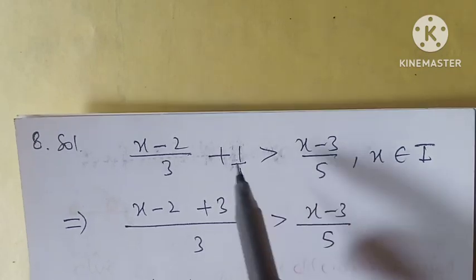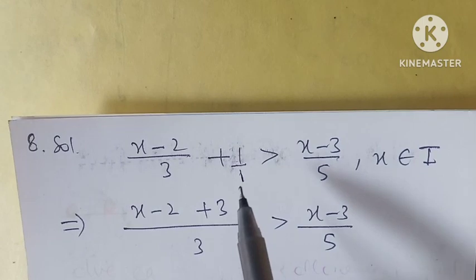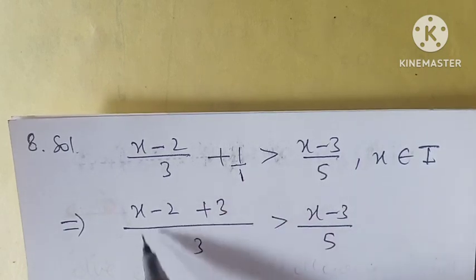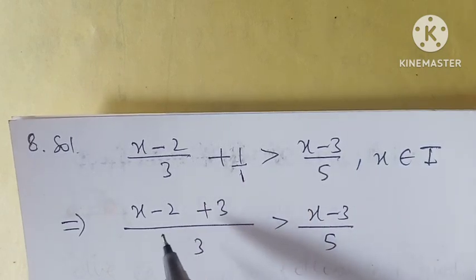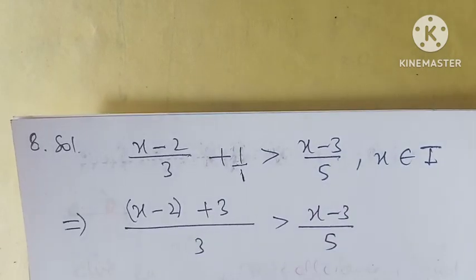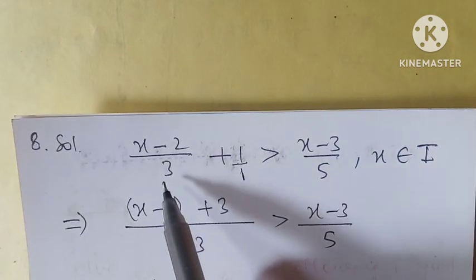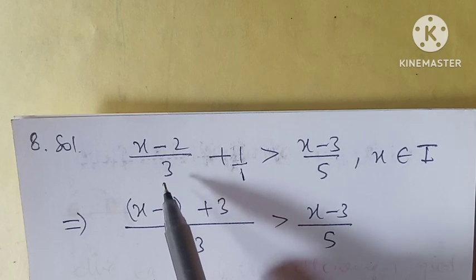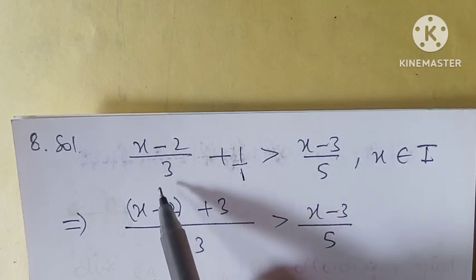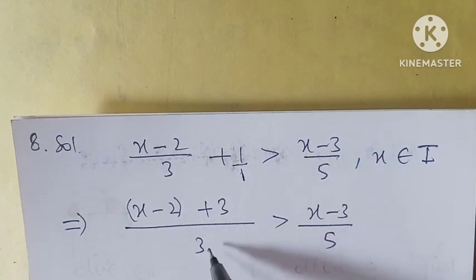This is the rule to add fractions. Here it is fractional addition, right? For that we take the LCM of denominators. So the LCM is 3.